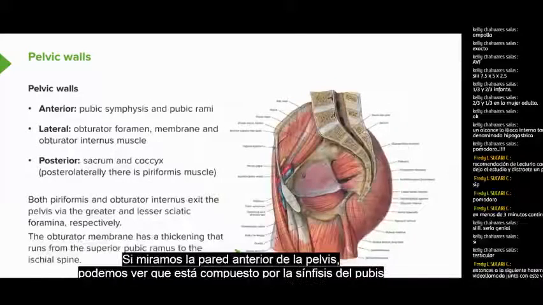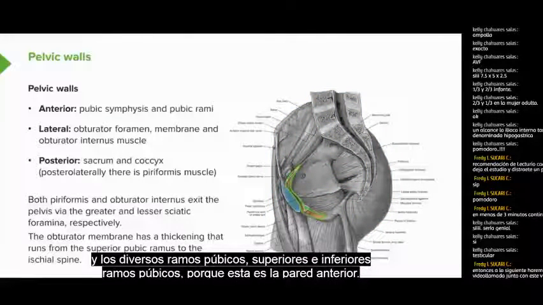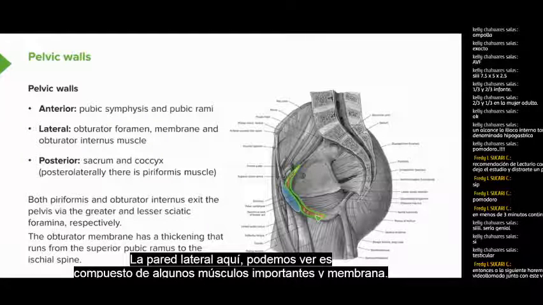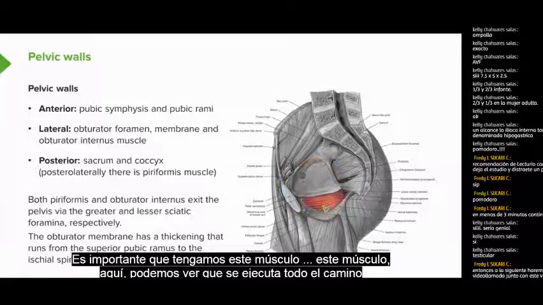direction. If we look at the anterior wall of the pelvis, we can see it's made up of the pubic symphysis and the various pubic rami, superior and inferior pubic rami. We can see this is the anterior wall. The lateral wall over here, we can see, is made up of some important muscles and membrane. Importantly, we have this muscle. This muscle here we can see is running all the way over here.